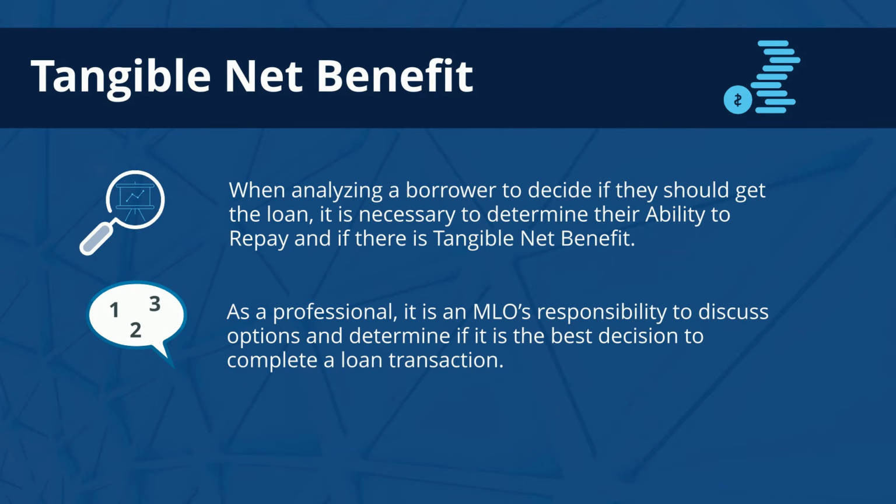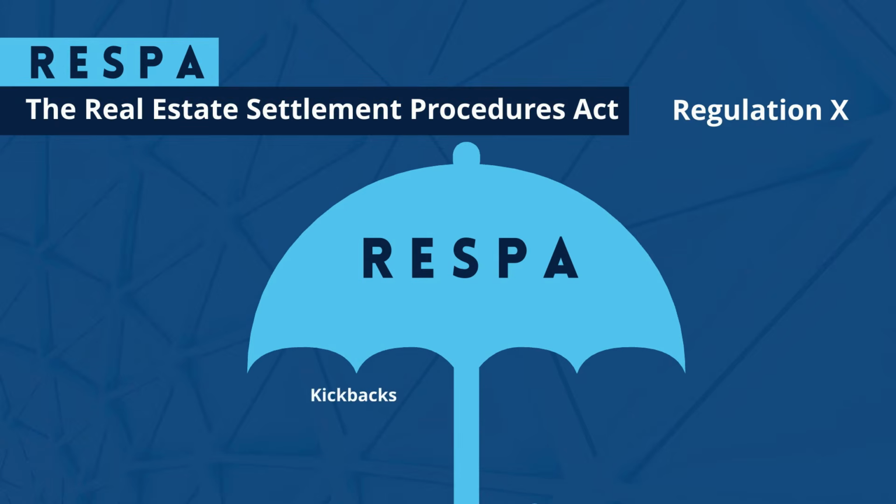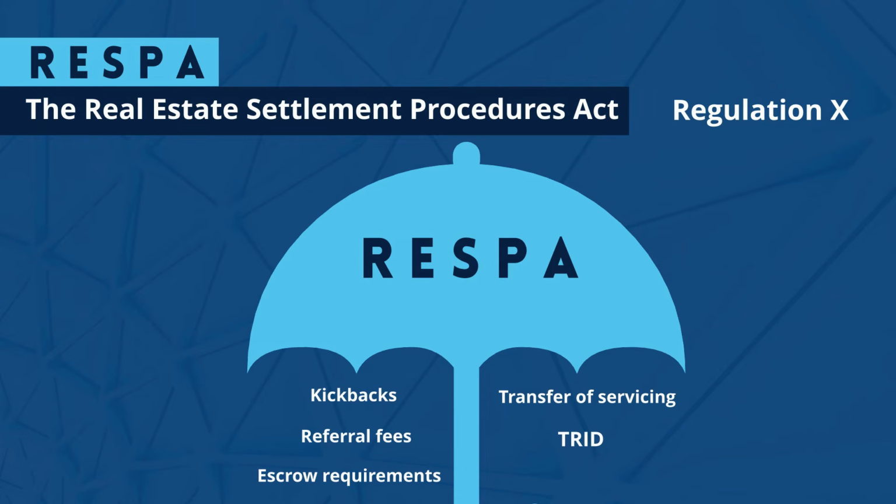RESPA, the Real Estate Settlement Procedures Act, also known as Regulation X. RESPA covers kickbacks, referral fees, escrow requirements, transfer of servicing, and TRID. Section 8 prevents anything of value being exchanged for referrals or kickbacks.